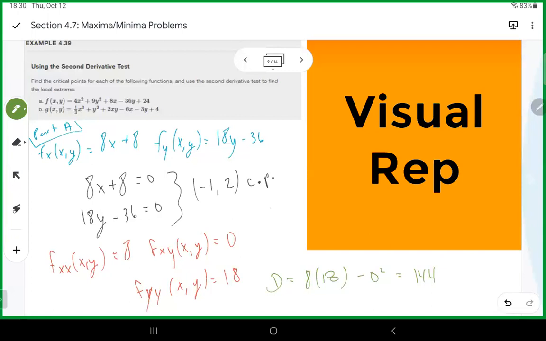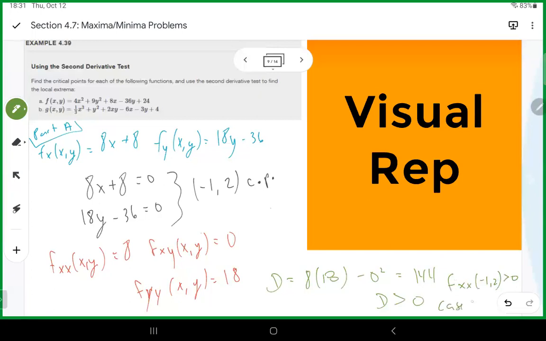Step 3 states the second derivative test for the two functions. Since D is greater than 0, and your second derivative at (-1, 2) is greater than 0, this corresponds to case 1.